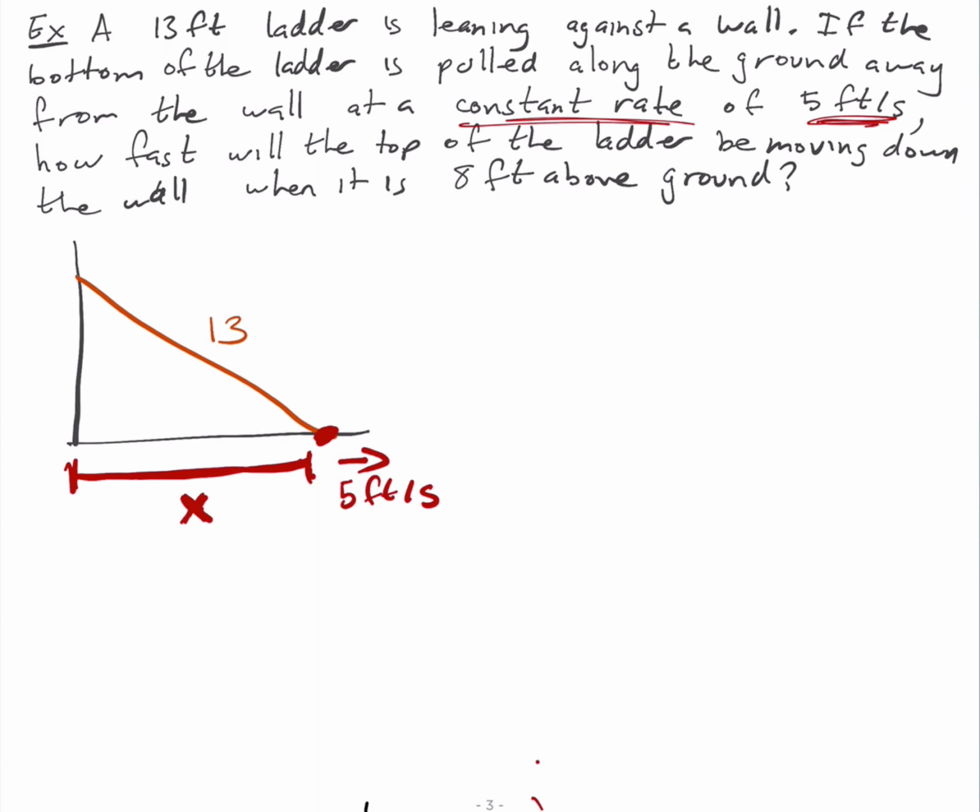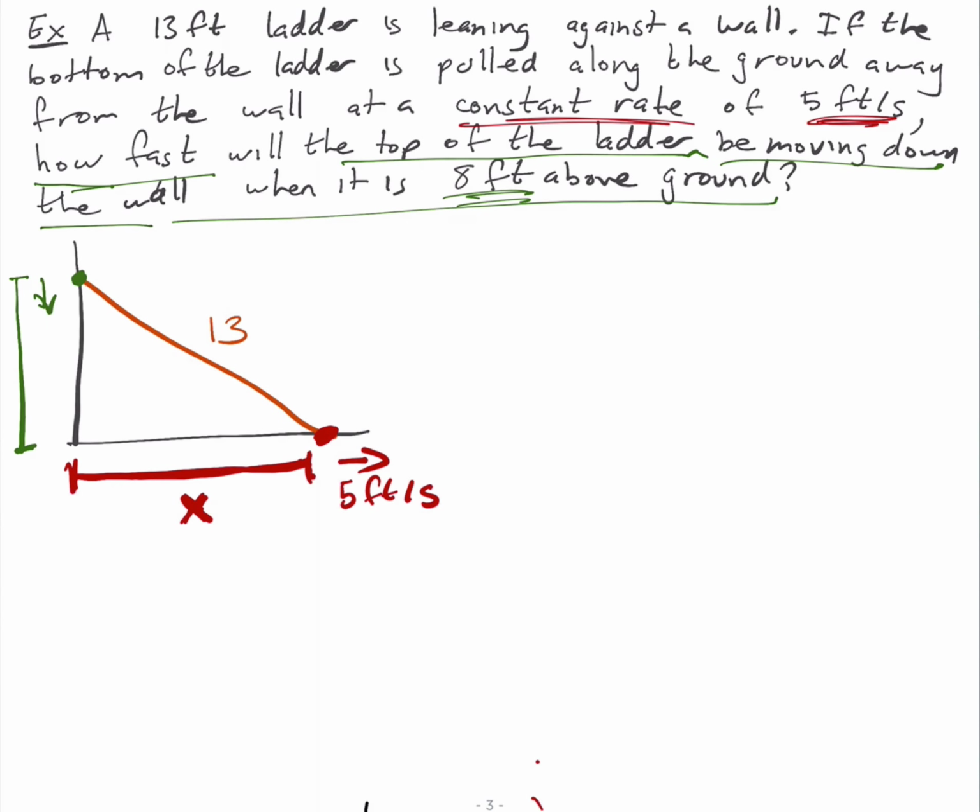Now we have our question. How fast will the top of the ladder be moving down the wall when it's 8 feet above the ground? So I should label this something.